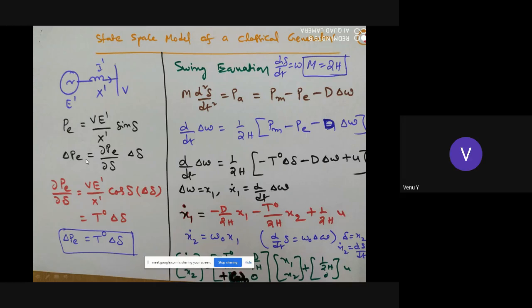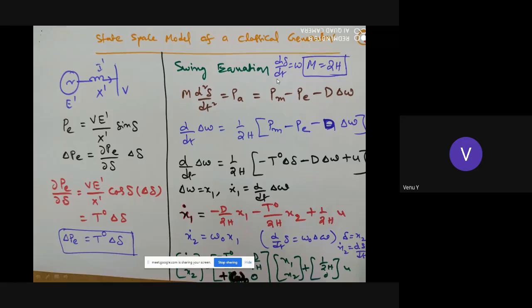So delta P equals dou P by dou delta into delta delta, that is equal to V E dash by X dash into cos delta into delta delta. Therefore, dou P by dou delta equals T naught, so delta P equals T naught into delta delta. T naught is the synchronizing torque coefficient.